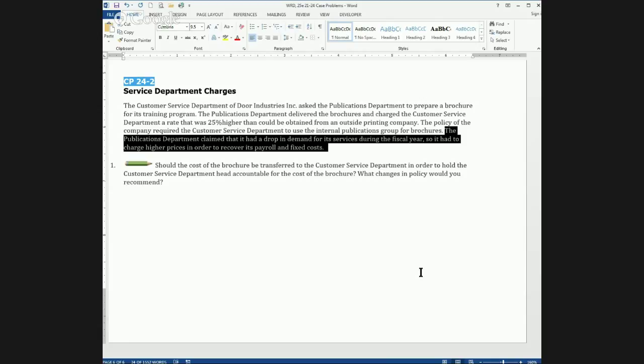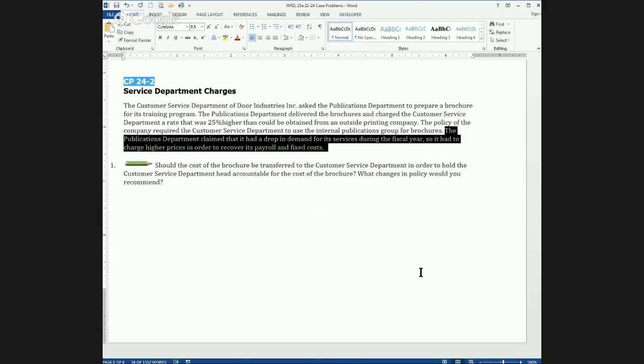Okay, now think about this particular situation. One department, the Door Industries division, is being overcharged 25% over what it could get from the outside. So, how is that division manager going to feel about the corporate decision to buy internally?